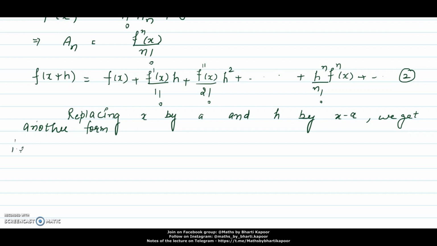So we have replaced x by a and h by x minus a. It will be equal to f(x) over here.